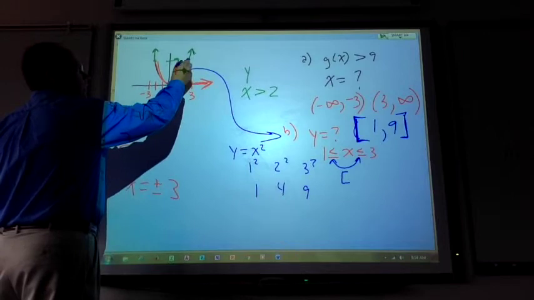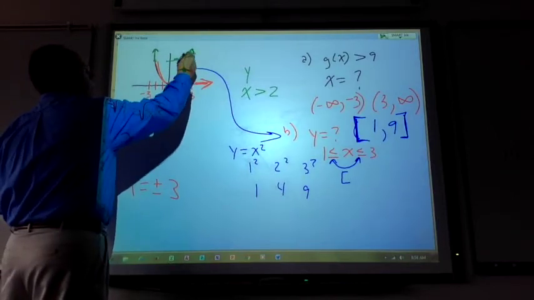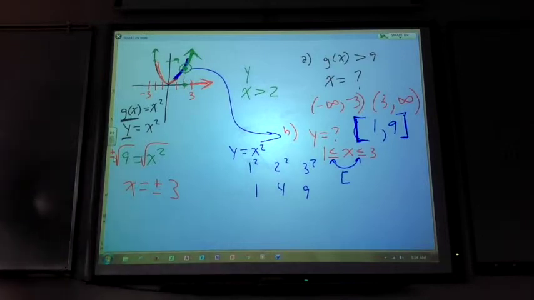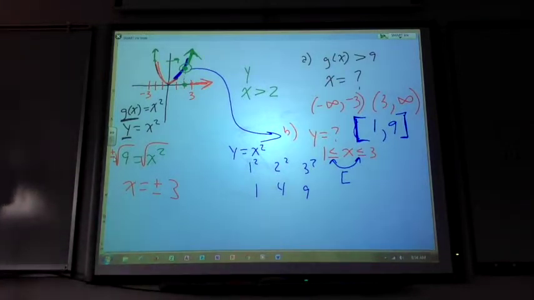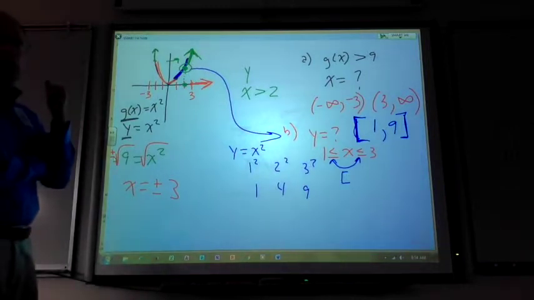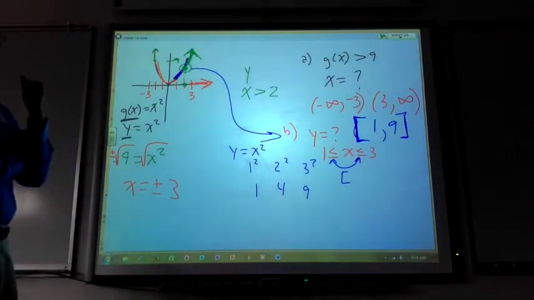And that's going to be an open dot going up. So I'm going to take that x, I'm going to plug it into my original equation for x squared. So 2 squared is? 4.